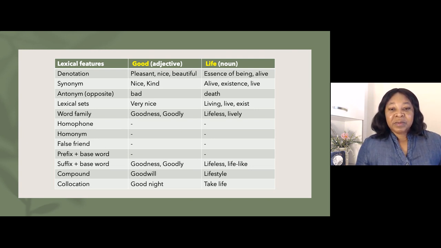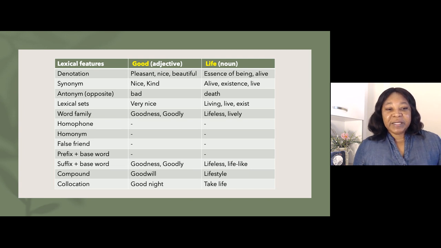Synonym: life, alive, live, existence. Antonym, what's the opposite of life? Usually we say death. Lexical sets, we can find a relationship in this word. So we can say exist, live, living. Word family: lifeless, lively, so the root word and the suffix.